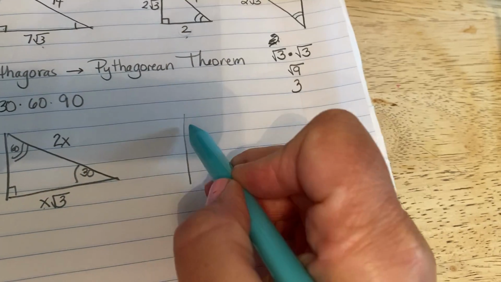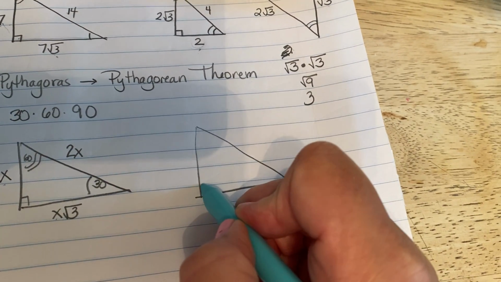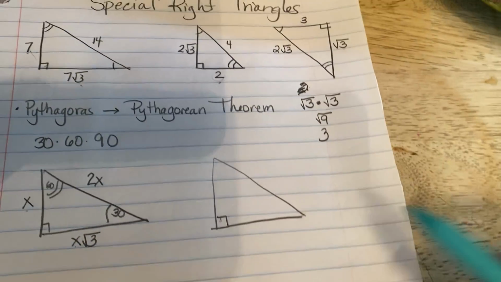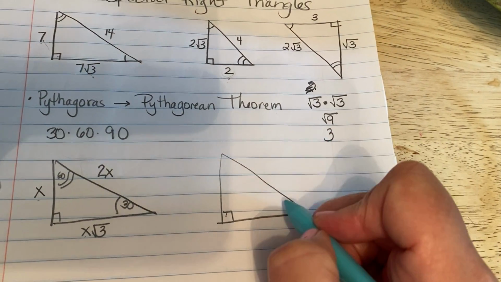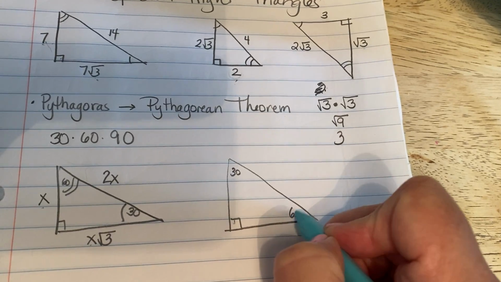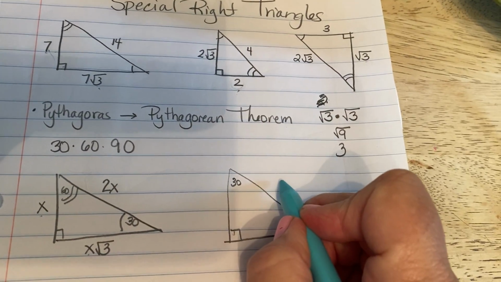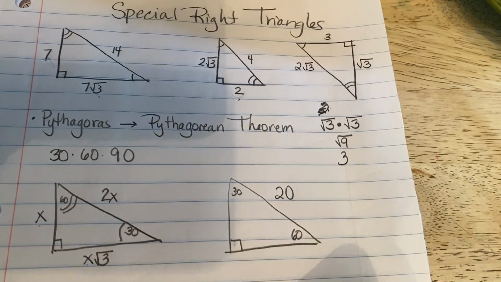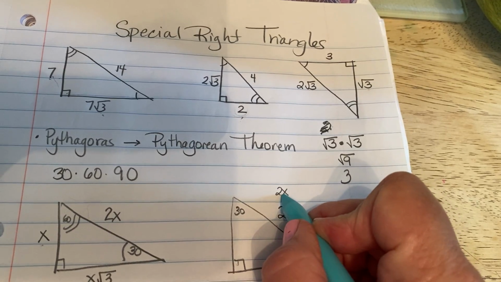Let's do a couple of examples. And I'm sorry this is sloppy because I'm looking through my camera to do this video. Okay, so I'm going to say this is 30, this is 60, and my triangles are never drawn to scale, so pay no mind. And I'm going to tell you this measure is 20. So across from the 90 is 2 times x.